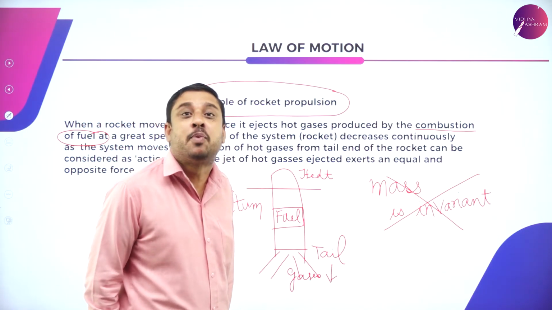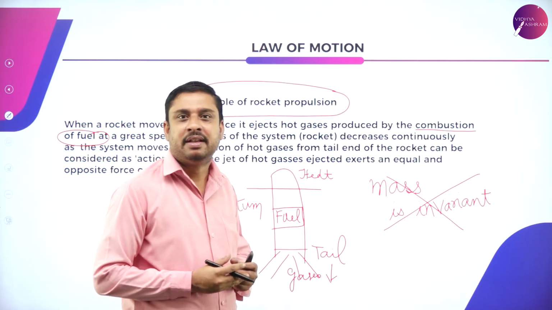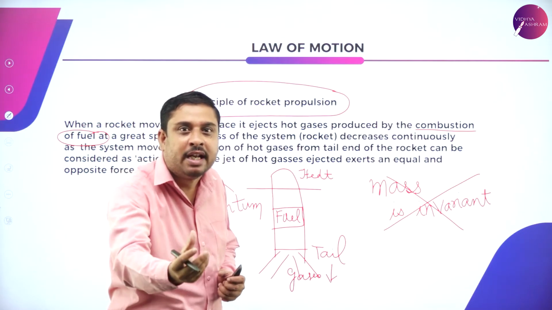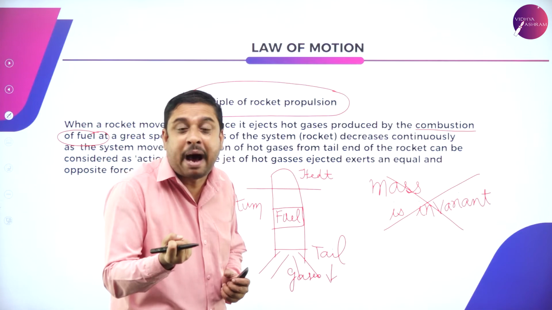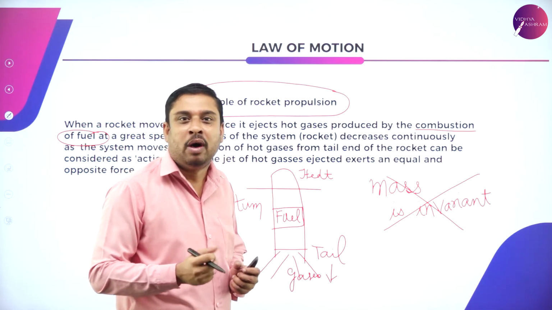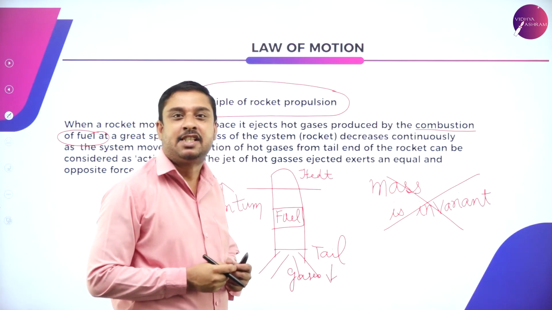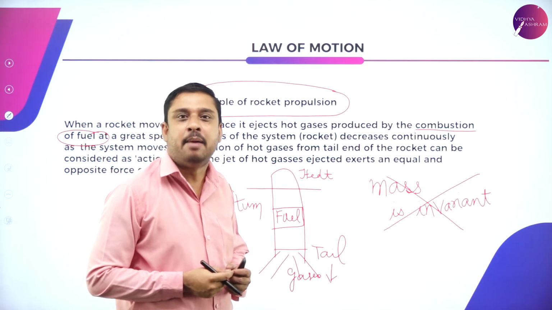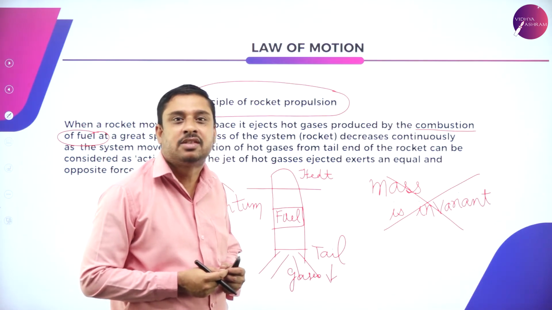variable mass problem. Fall of a dewdrop. As a dewdrop falls down in the atmosphere, it will collect the dust particles. So, as its motion is happening downwards, its mass is increasing. Again, an example of variation of mass.